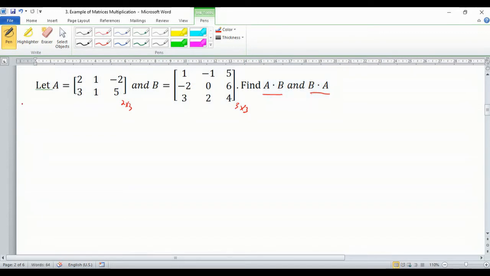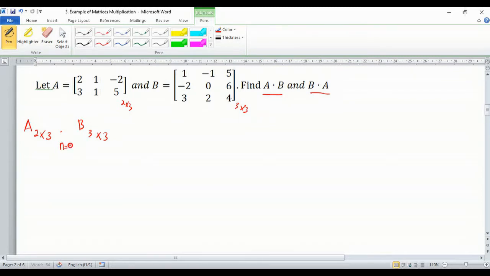Remember, for matrix multiplication, you first need to find what the dimensions are. Matrix A has dimension 2 by 3, and matrix B has dimension 3 by 3, right? So for matrix multiplication, N and P should have the same value.